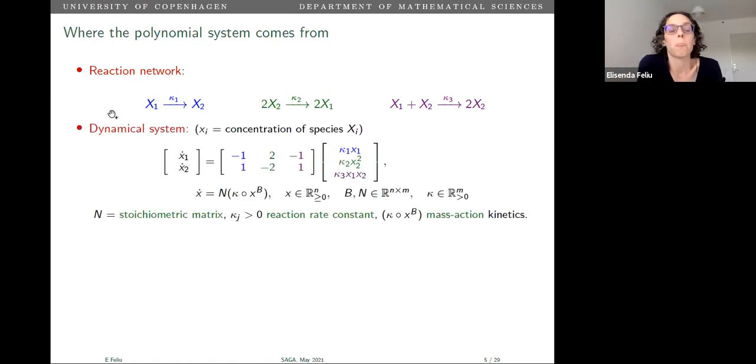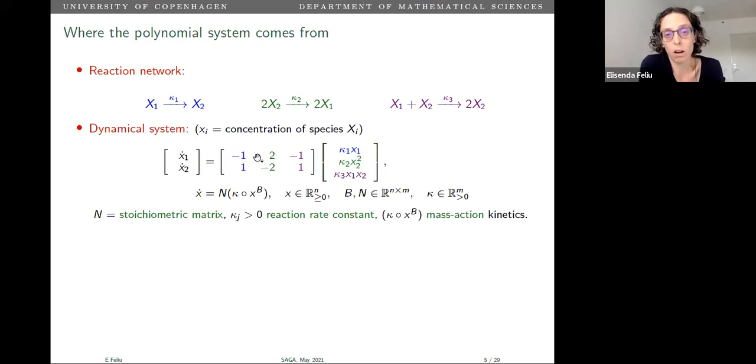And then one way to study the evolution of the concentration of these species in time, under some hypothesis, is via a dynamical system, a system of ordinary differential equations, which is built as follows. You consider the net production of each species in each reaction.